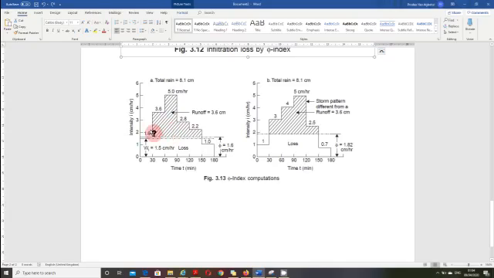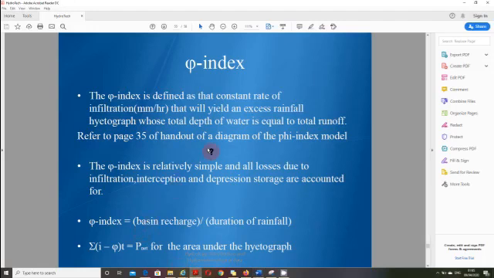Once we know the runoff amount and the total hyetograph, we can balance the runoff against the total hyetograph, and what is left gives us our phi index, which tells us our infiltration rate. We can use it directly to relate to how much water is recharging groundwater for groundwater tables to rise.